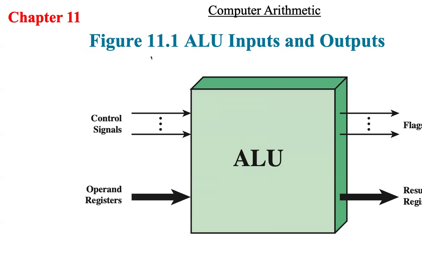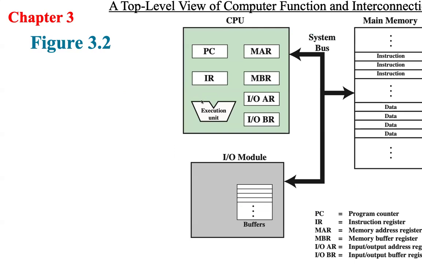Well, we're going to get into it in detail in chapter 11, but there was an earlier chart where we were starting to look at it a little. And this little thing here, this execution unit, without calling it an arithmetic logic unit, that's literally what we're referring to there.